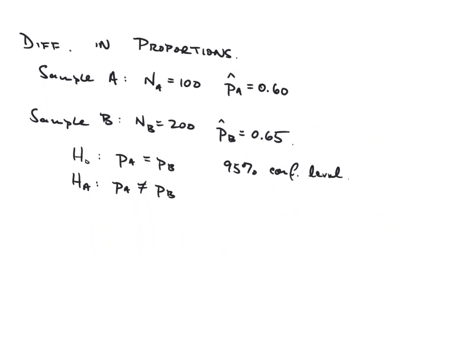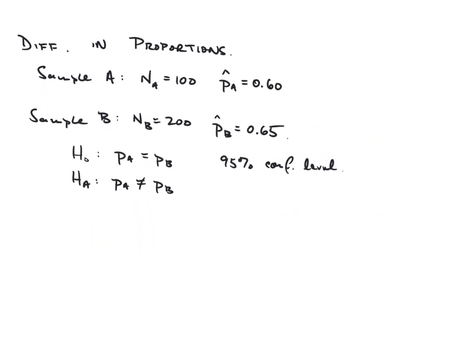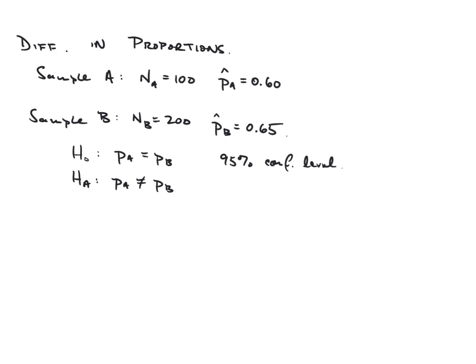Okay, so imagine that we conduct a survey and we interview two different groups. Group A has 100 people, Group B has 200 people. We estimate that 60% in Group A, I don't know, like the candidate.